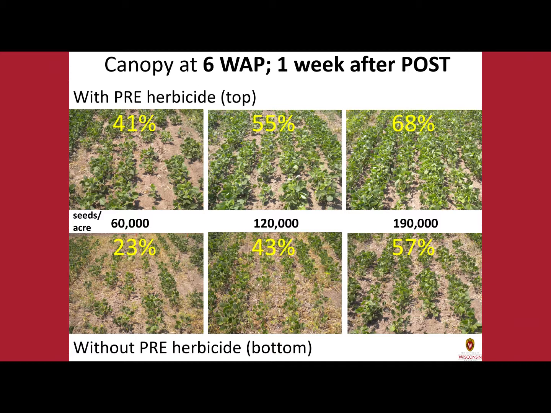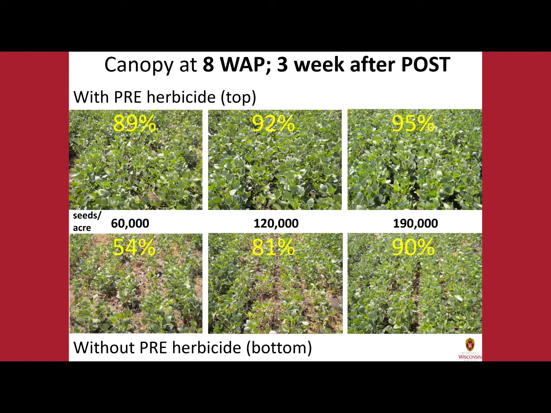You can see at 6 weeks after planting, or 1 week after the post-glyphosate application, we had a difference of 23% canopy development to 41% canopy development where we used the pre. At 120, the difference was 43 to 55, and at 190, the difference was 57 to 68. So we're already developing canopy a lot faster where we didn't have that little bit of early season weed competition.